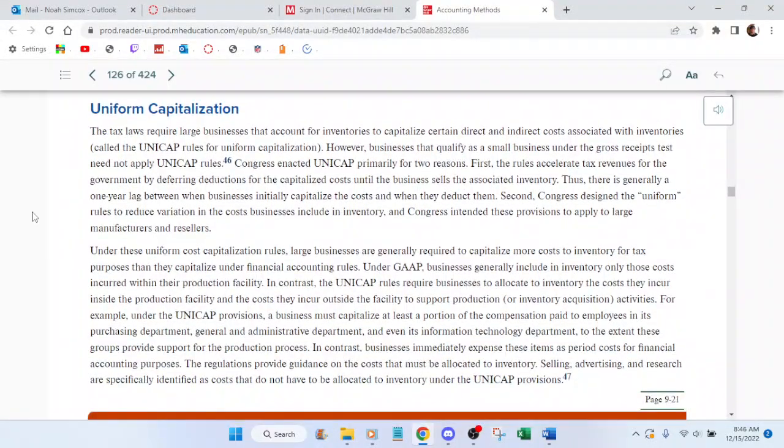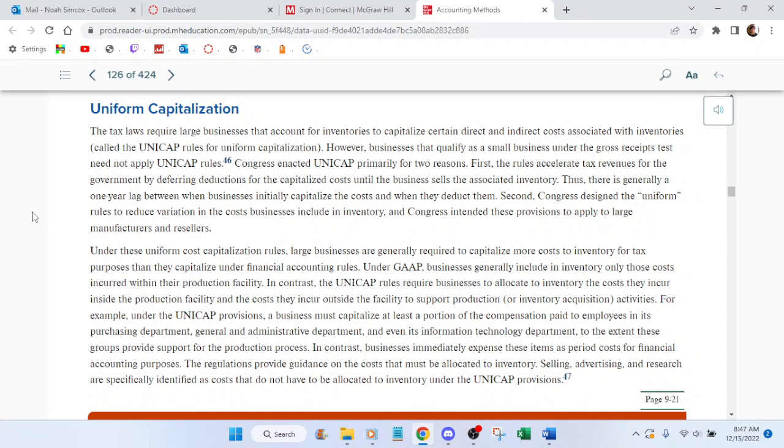Uniform capitalization. Large businesses are generally required to capitalize more costs to inventory for tax purposes than they capitalize under financial accounting rules.